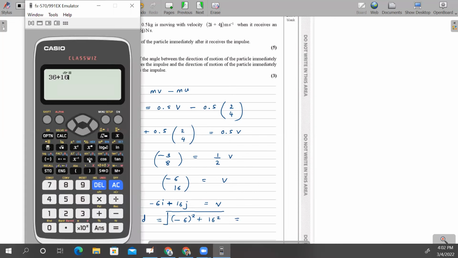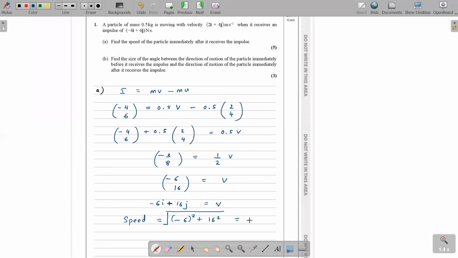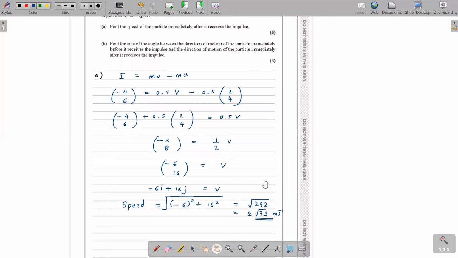Minus 6 squared is 36, plus 16 squared. Square root of 292, or 2 root 73, and your speed will be in meters per second. You can give your answer to 3 SF if you want. However, they haven't asked us, so you could leave your answer in exact form.